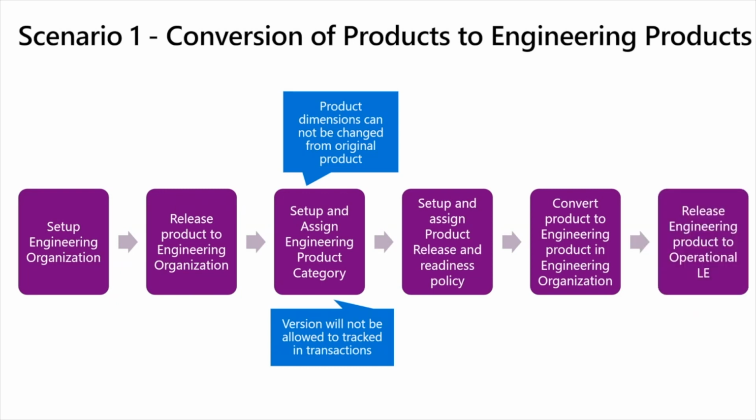So once engineering product is ready, all the details have been filled in for a product, all the BOM, route, formula details have been specified for an engineering product, and if it's now ready, you can basically release that product from engineering organization into your operational legal entity. So this is how you will basically tackle if you would like to convert an existing products to an engineering products.